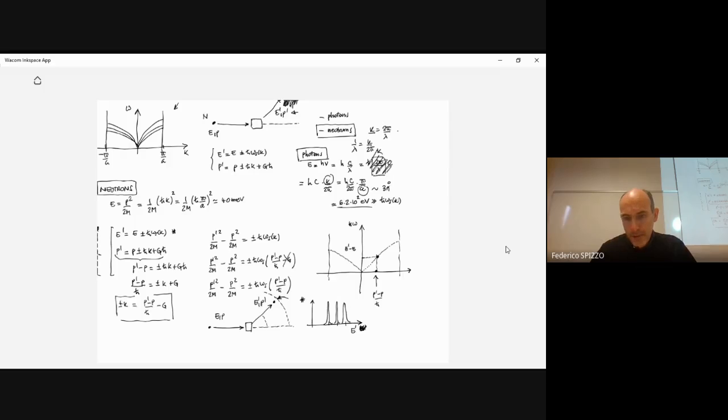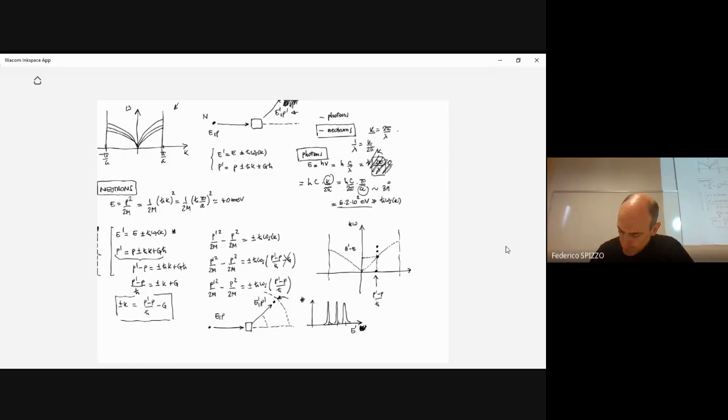You have just one peak if you have full degeneracy of the branches, or 3 different peaks in case the energy values corresponding to the different branches are not exactly the same, are different with respect to each other. So if you find 3 peaks, for instance, you may plot here the 3 different values.